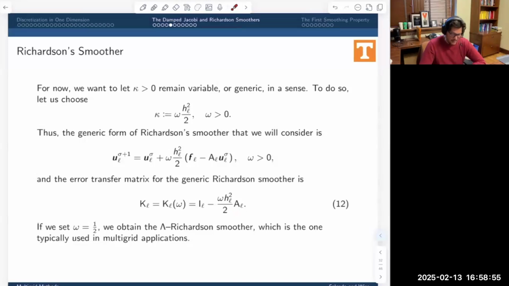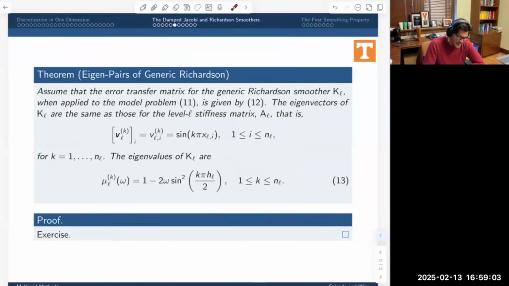If I multiply this matrix times an eigenvector of A, then I'm going to clearly get a number times that eigenvector back. So that says that the eigenvectors of KL are exactly the same as the stiffness matrix AL in this cell-centered context. And we already showed what those eigenvectors are. They're sine modes.